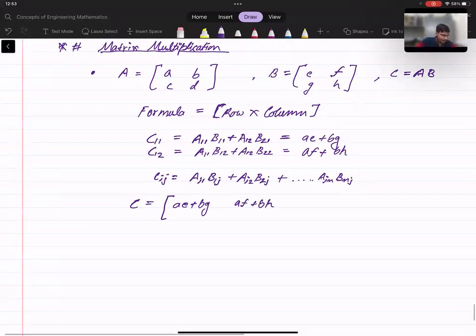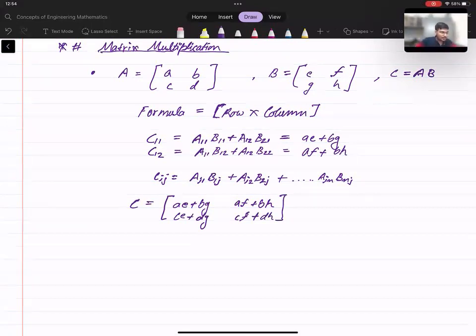Similarly, we can write C21 as the second row of A multiplied with the first column of B. So this will be CE plus DG, and C22 will be the second row of A multiplied with the second column of B. So this will be CF plus DH.